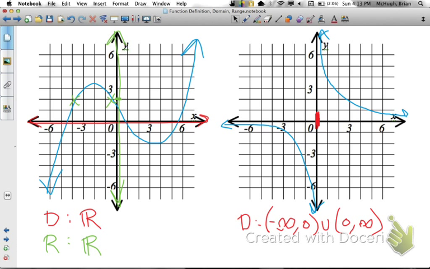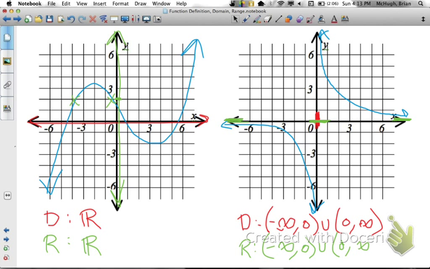And similarly, the range doesn't have a y value of 0 because the graph is just getting really, really close to the x-axis over here, but not touching it, and really, really close to the x-axis here and not touching it. And so this range looks a lot like the domain, and it's all the y values but 0.